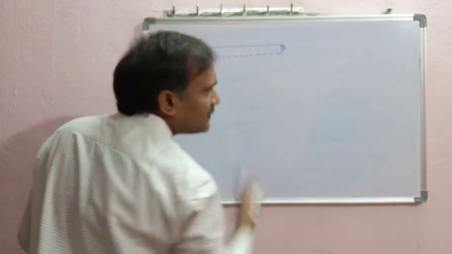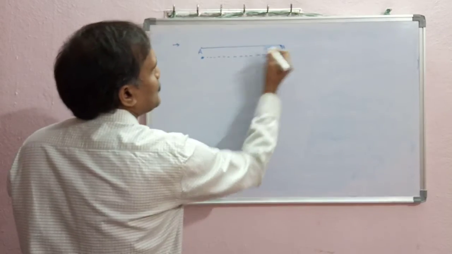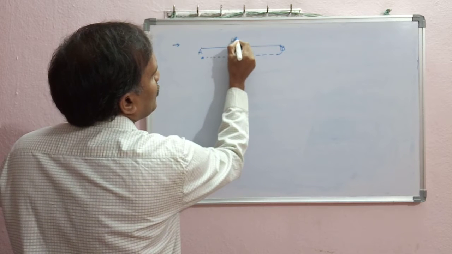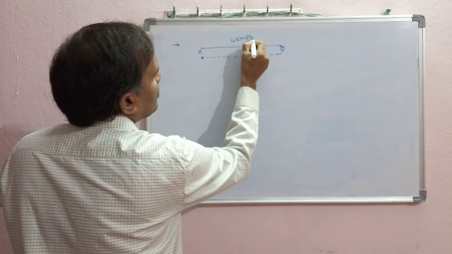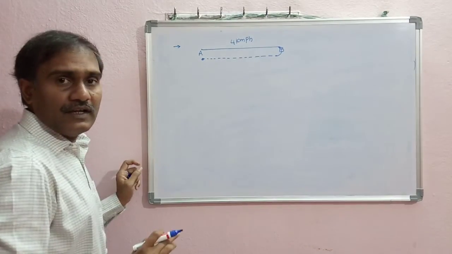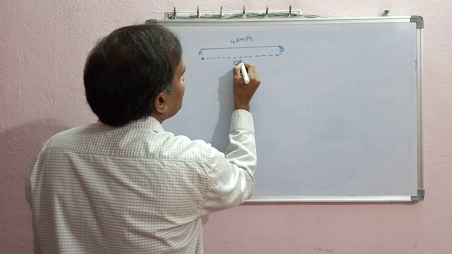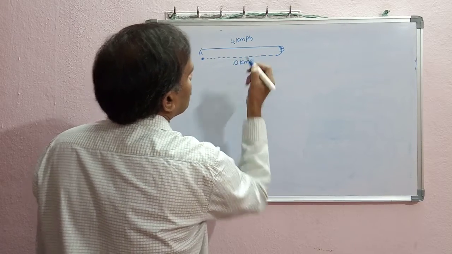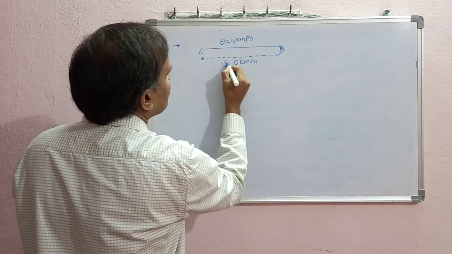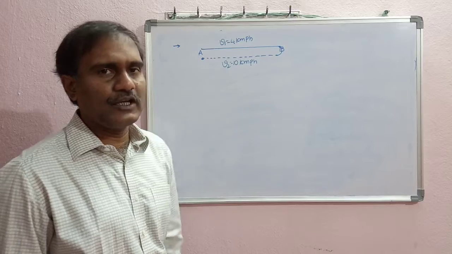Now, while he is moving to his school, his velocity is 4 kilometers per hour, and school to home, his velocity is 10 kilometers per hour. That is, it is V1 and here it is V2. A to B, his velocity is 4 kilometers per hour.